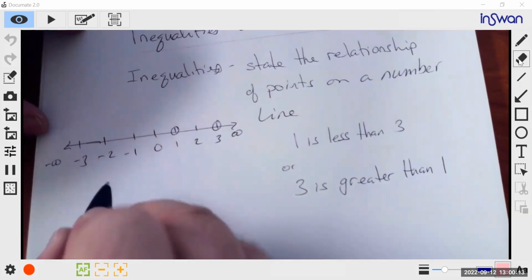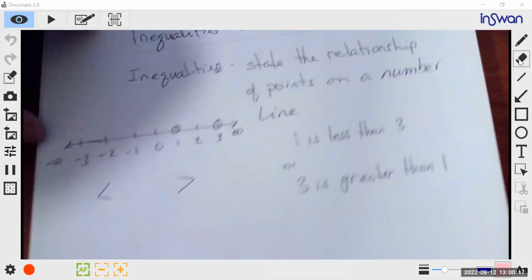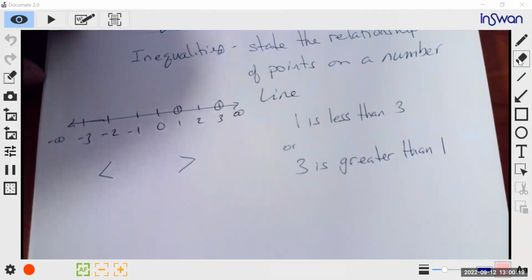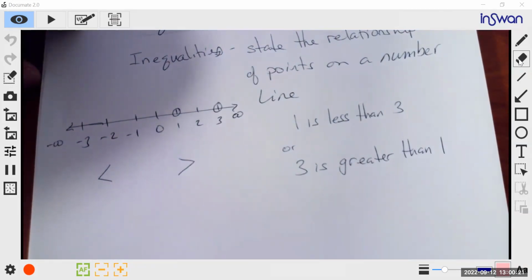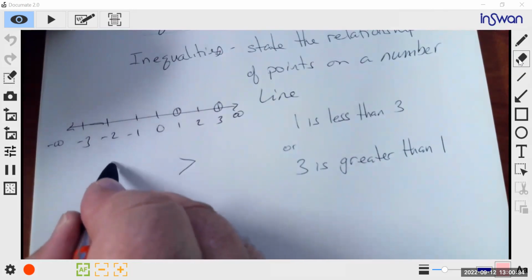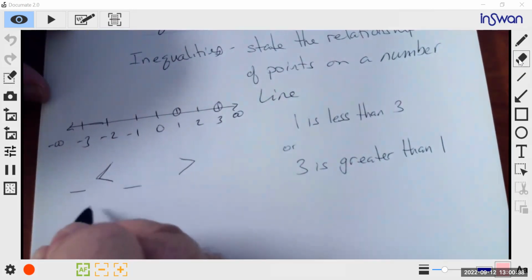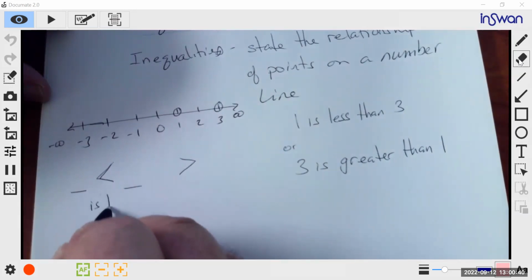We're going to look at these symbols here. They always point to the smaller number. Inequalities always point to the smaller number. So this one, because we read left to right, this number is less than.